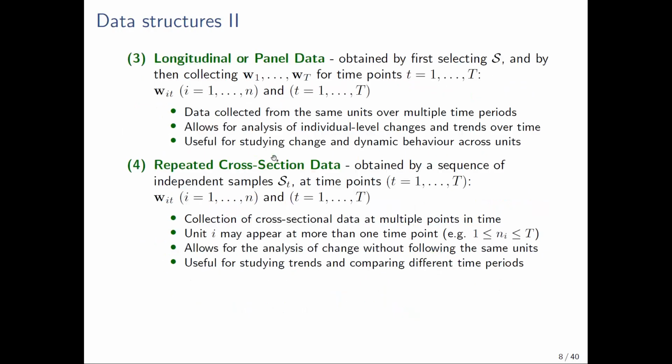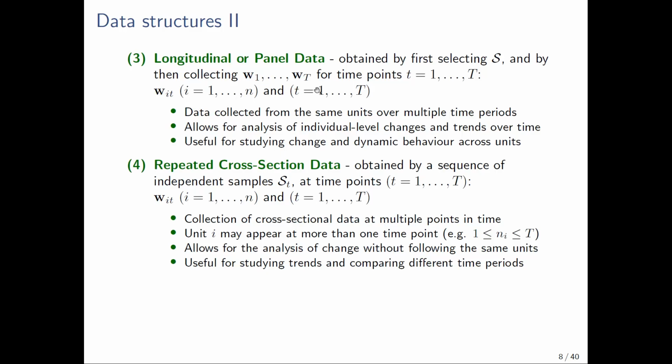The third data structure that I want to talk about is called longitudinal or panel data. This is obtained by first selecting a sample S and then collecting data on that same sample at multiple time points. Notice how there are now two dimensions to the data. There is a cross-sectional dimension indexed by i, and a time dimension indexed by t.